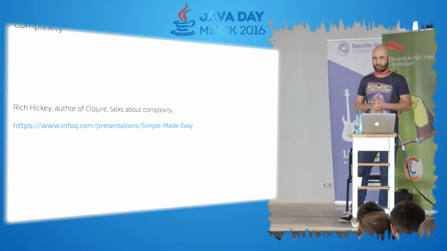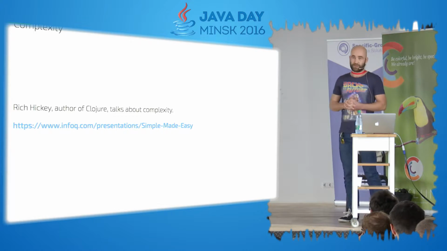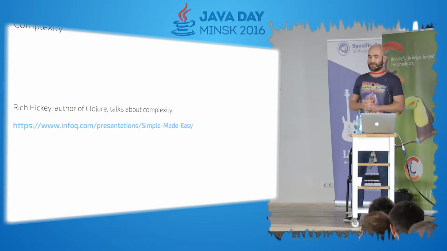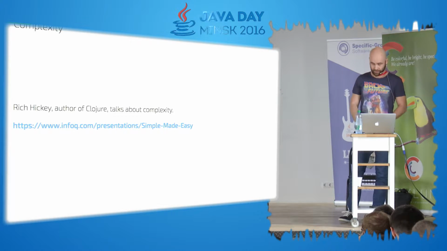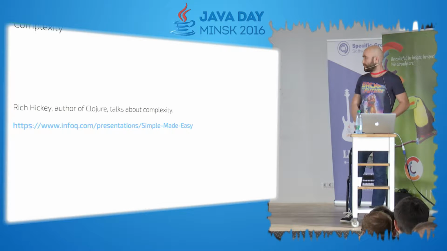He covers the subject really great, and in many of his talks, he talks about simplicity and complexity and how to approach our problems generally, not just in the context of Clojure, but in a general context. So I definitely recommend watching it. And during this talk, I'll be making a few references to his talks.